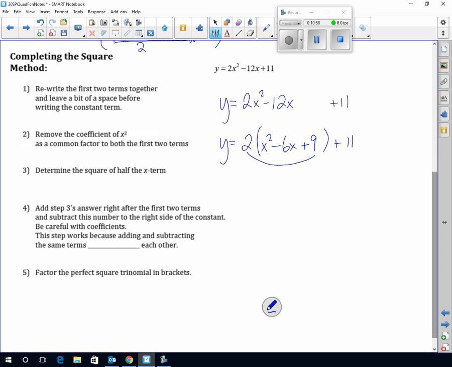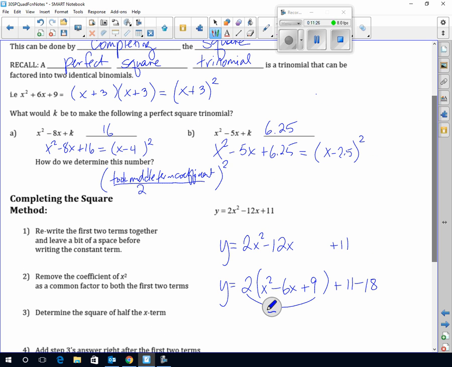If I add 18 and subtract 18, I haven't actually changed the question. I can't just add 18 and say it's the same question, because I'm trying to make that perfect square trinomial. Remember, I was taking half the middle term, squaring it and putting it in there to get this perfect square trinomial.